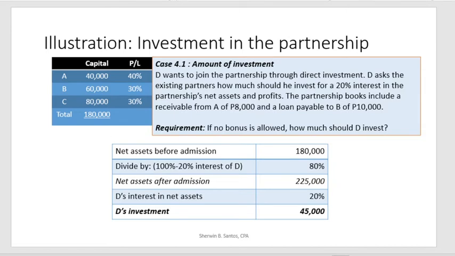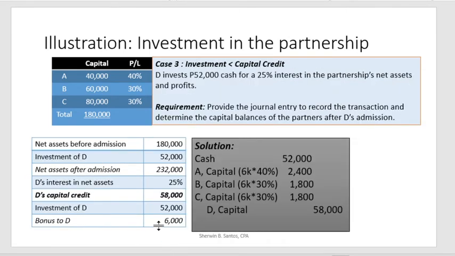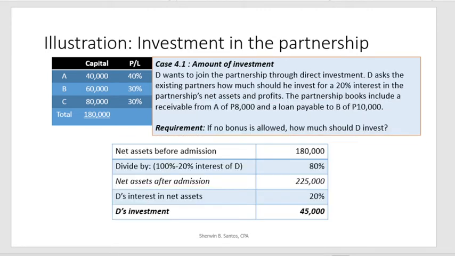Kung titingnan mo yung previous example natin, di ba, ito yun, net assets after admission. Kaya lang kasi dito, hindi mo alam yung item kung magkano yung i-invest niya. Kasi yun yung tinatanong. So, you have to work back by squeezing it. 180 divided by 80% is 225,000.